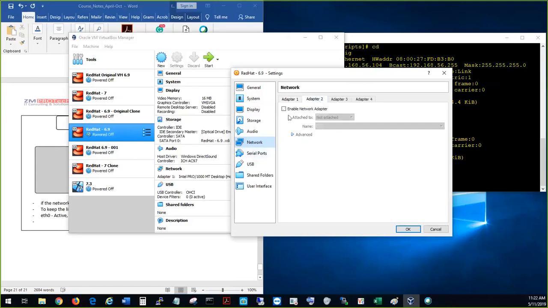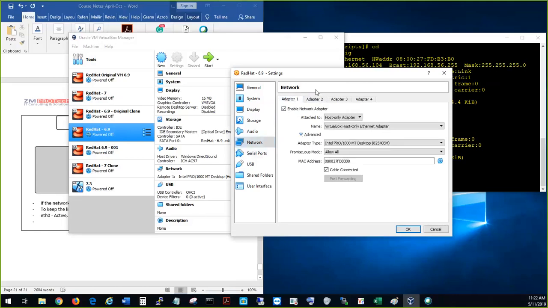Okay, so one adapter is already there, and what I'm doing here is actually adding a second adapter. Host only adapter, and then let me verify Allow.